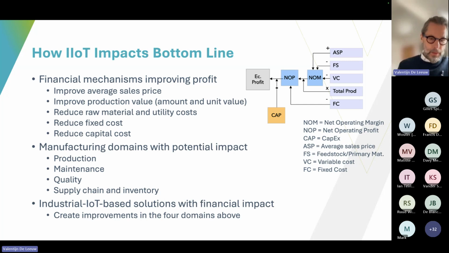So we can invent many smart manufacturing solutions based on industrial IoT in those domains to get impact on those 5 levers and ultimately improve our profit and competitiveness. So that's why industrial IoT is important for the industry.